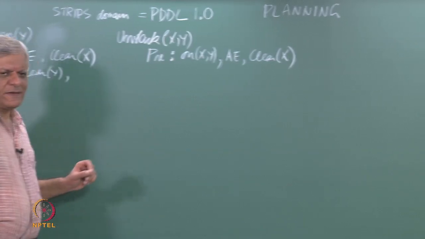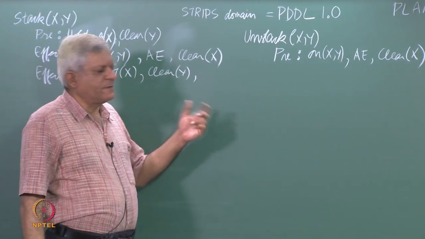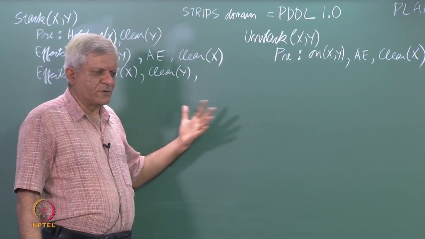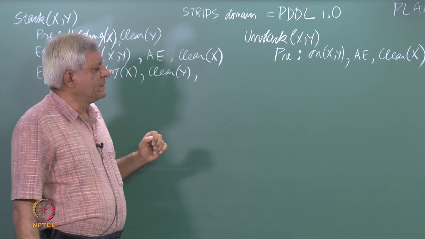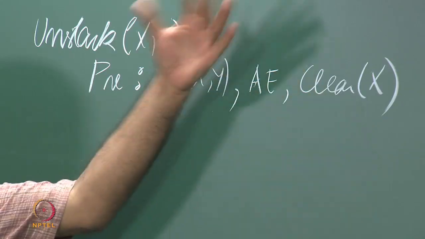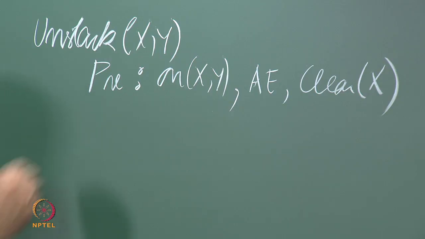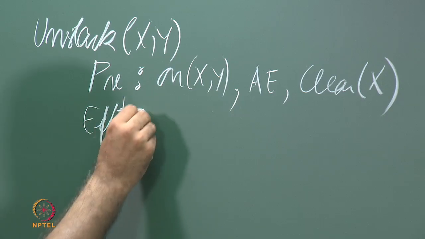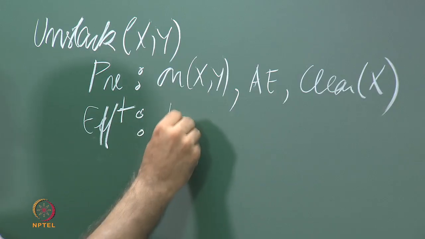So, if x is on y and the arm is empty, which means the robot arm is not holding anything. Remember, we are talking about a one arm robot which is moving blocks around, and clear x, which means nothing is on top of x. Then the positive effects are holding x.